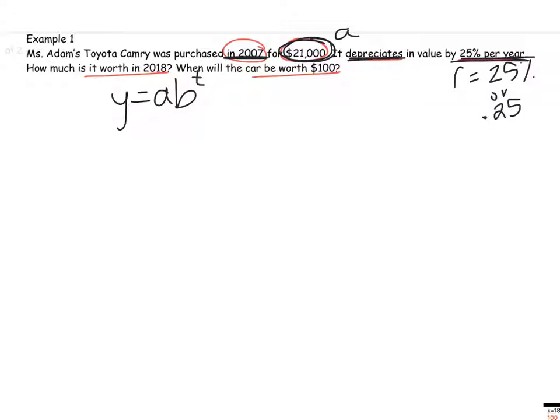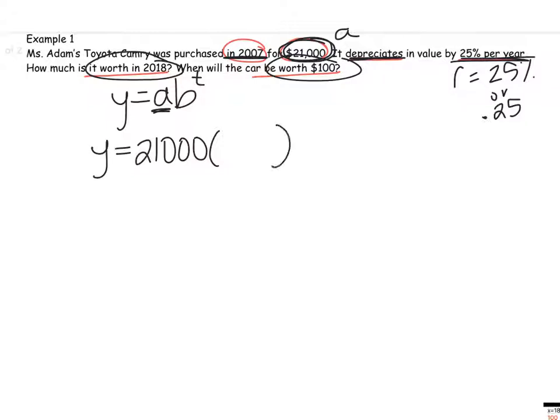And we want to know what the car will be worth in 2018 and when it will be worth $100. So I'm going to fill in what I can. My general function is y equals my initial value of the car, $21,000. And now I need to find B. Well, I have my rate, and I know that I'm going down.